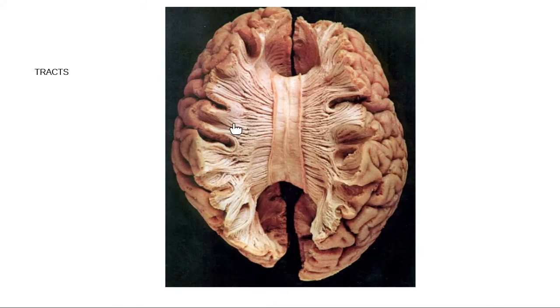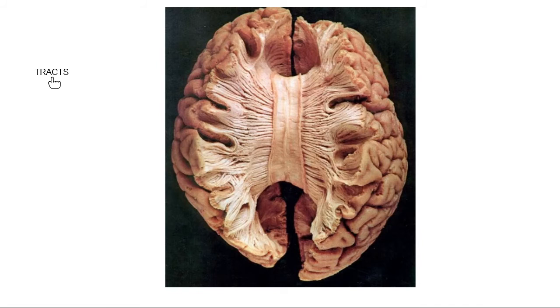You can see them here in these lines. So this is groups of neurons that are all going the same direction to transport information. Because remember, the white matter is the axon parts of the neurons. So I can see all these groups of axons that travel together on either side of the brain. Those are tracts that we have in the white matter of the brain.